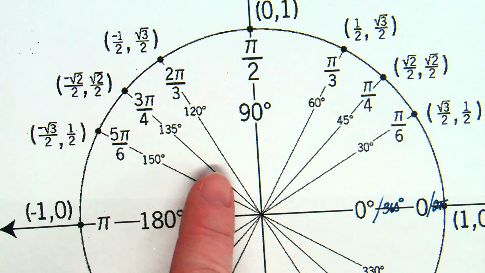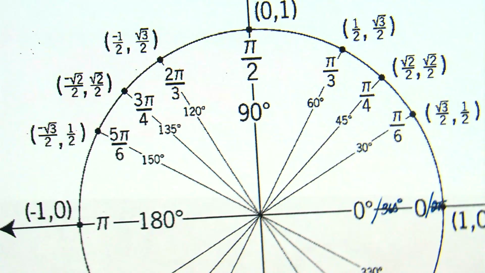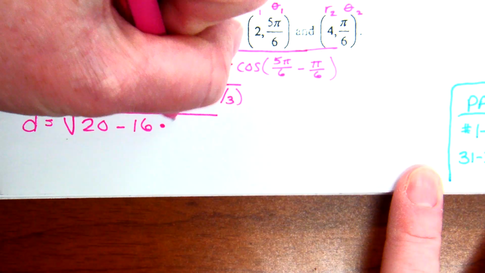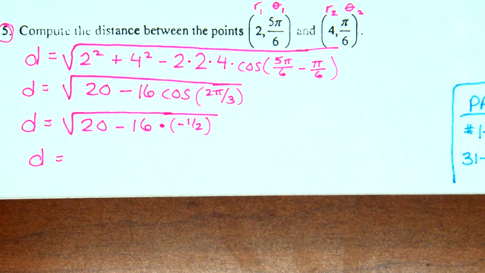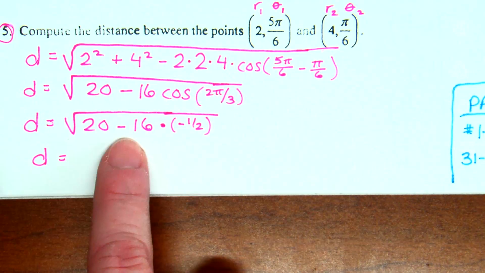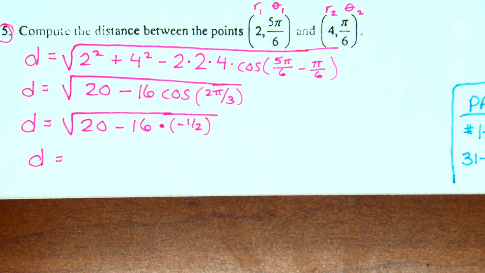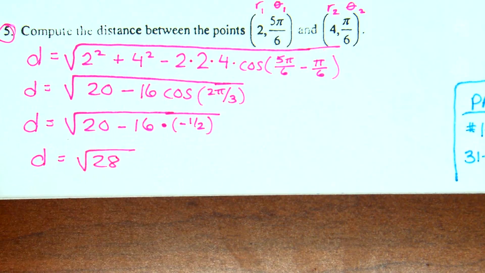Well, that works out nicely, doesn't it? Because half of 16 is 8. Officially, it's a minus 16 times a negative 1/2, which really means it's going to be plus 8. So the square root of 20 plus 8 is going to be the square root of 28. In terms of doing this by hand, the farthest I can do is to simplify it and say 2 square root of 7.